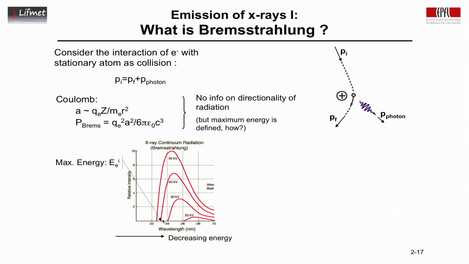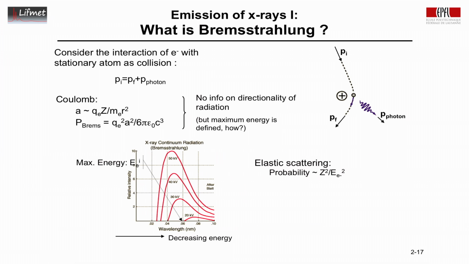We cannot go higher than that maximum energy of 40 kiloelectron volts. We go to 30 kilovolts, we are now here, and finally 20 kilovolts. So we have this spectrum of photon energy for a given wavelength, that is a given energy, and this is what is called the Bremsstrahlung continuum.